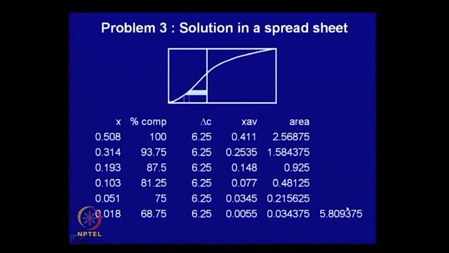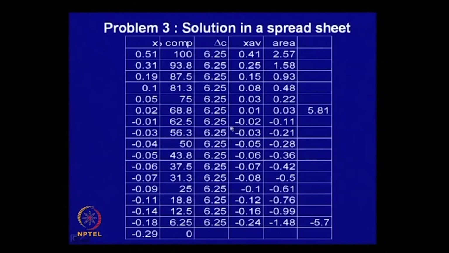Now, you do the same thing for the entire concentration profile. Here you see that if you add up to this, that is 5 point, the area is 5.81, and you add this part here, it is this.